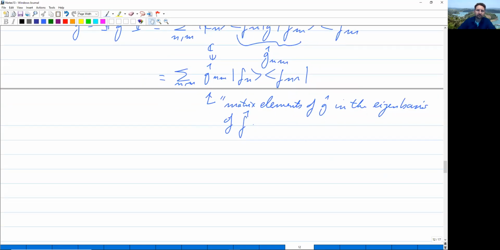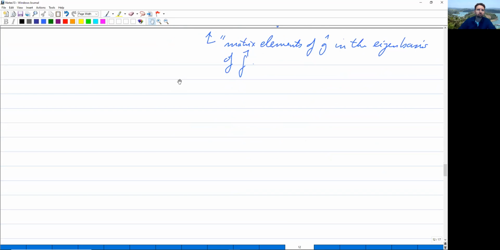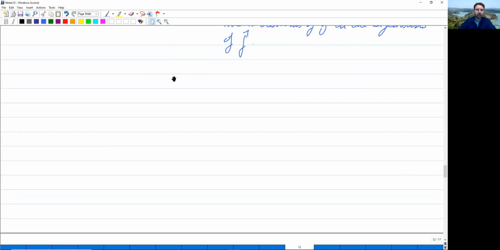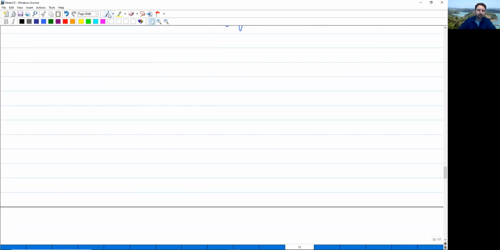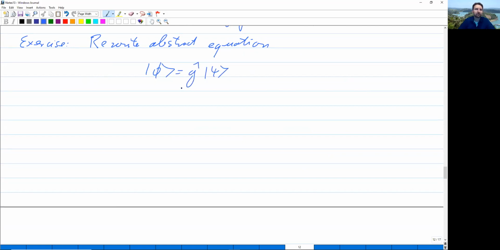Let us use this to do a little exercise where we start with an abstract equation. So exercise: rewrite an abstract equation, an equation like phi equal to g hat psi, whatever the psi and the phi might be.